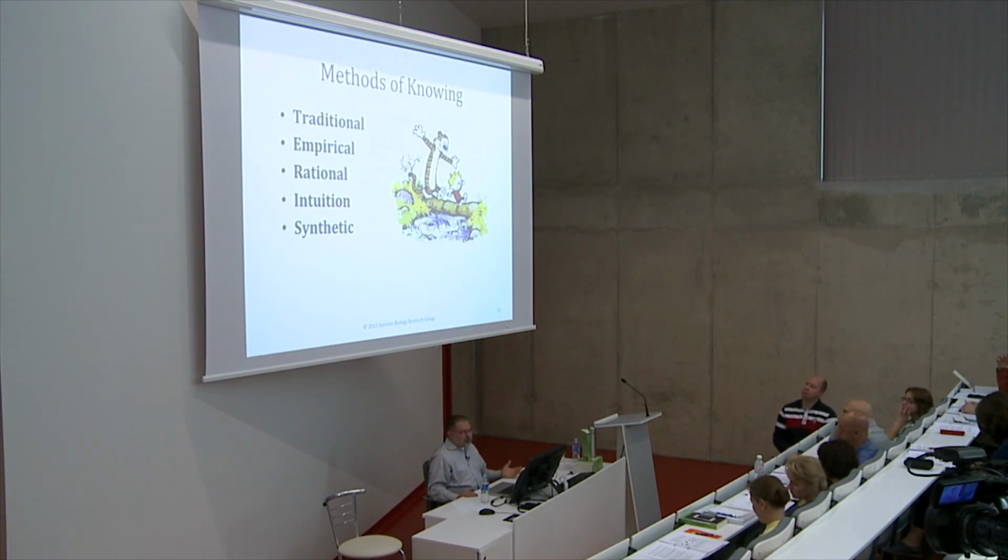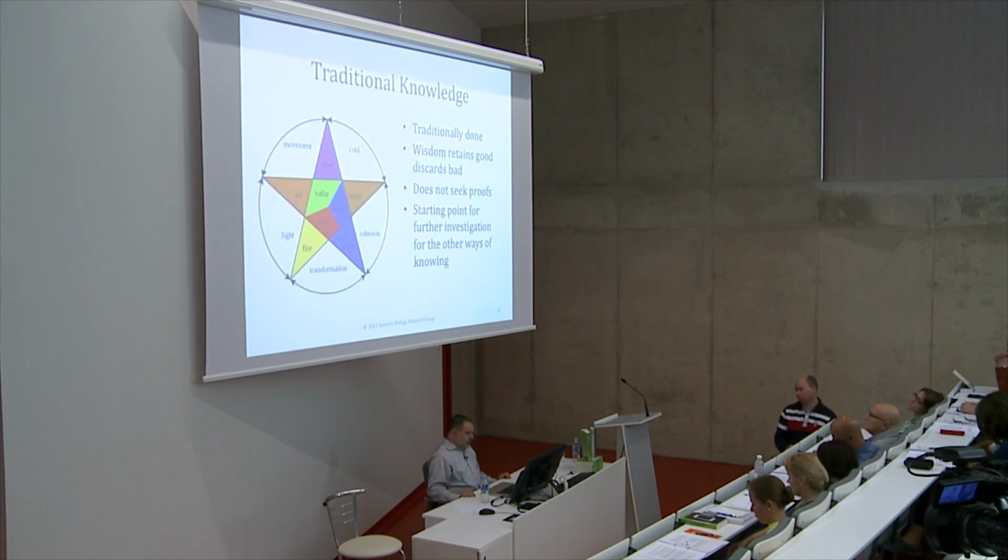And as is true with any type of complex system, these ways of knowing are imbricated and intercalated. They are nested within each other and constantly related to each other. So, for example, traditional knowledge refers to knowledge or a way of doing things because that's the way it's been done.